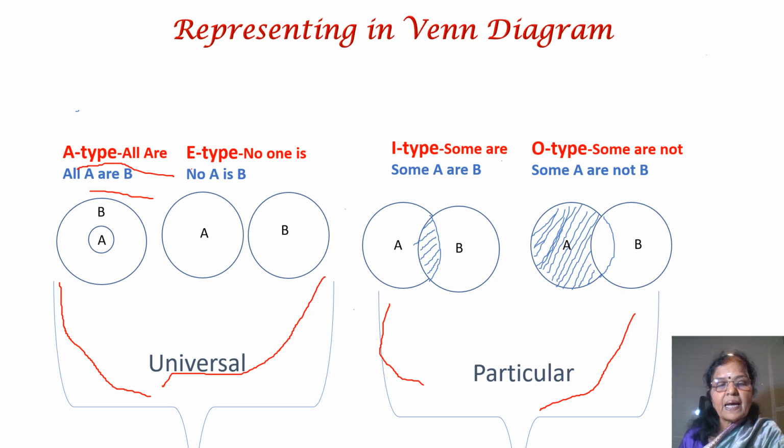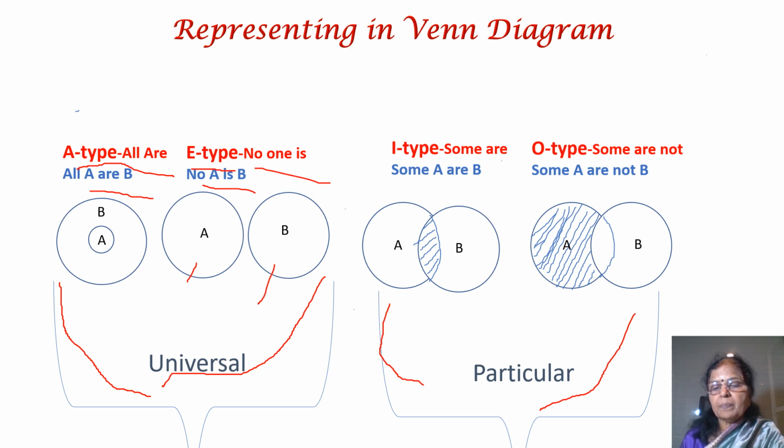And the next is the E type, that is, no one is. So no A is B. You draw two circles separately without overlapping. A is separate, B is separate, no overlapping. So no A is B, no B is A. These are the two Venn diagrams for universal positive and universal negative, A and E type.